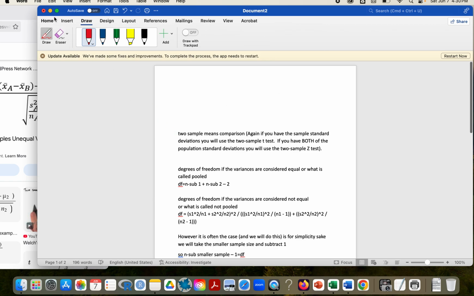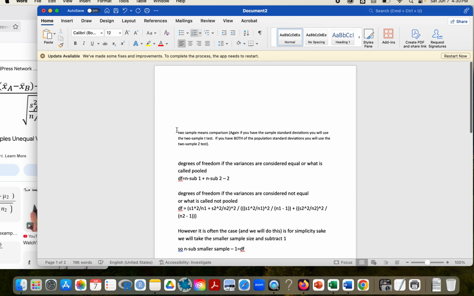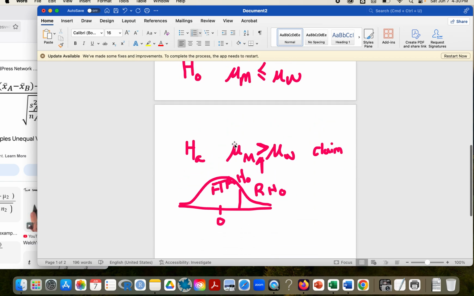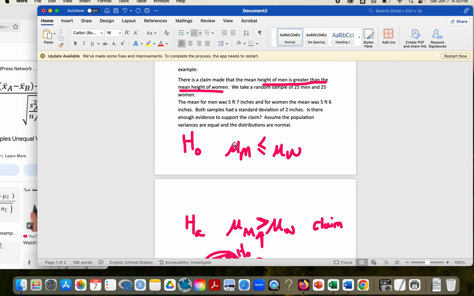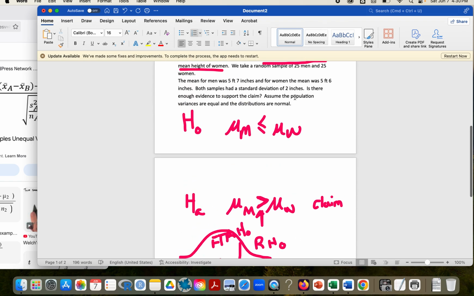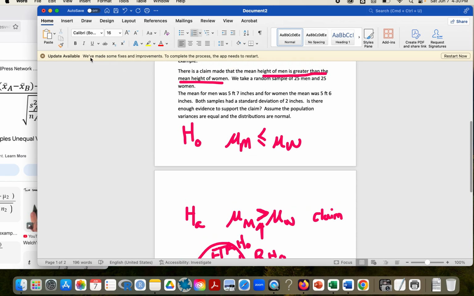Now, let me go back to here. Let me go here, because I probably messed up some stuff by doing what I did. Good, now we're back to having our null and our alternative. Okay, now we've got the fact that we are assuming that the population variances are equal. So that means that they are pooled, and we're going to take the sample sizes of both of them, add them, and then subtract 2.